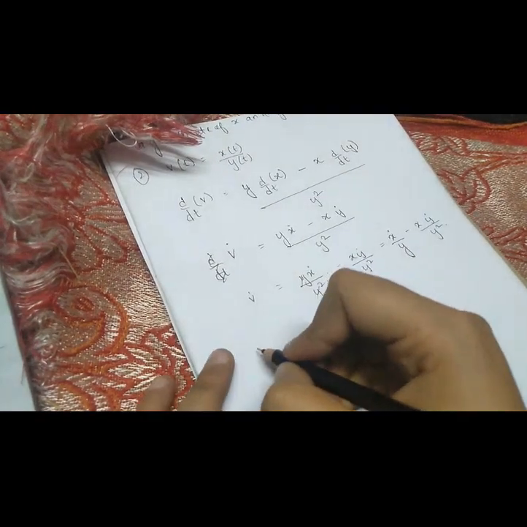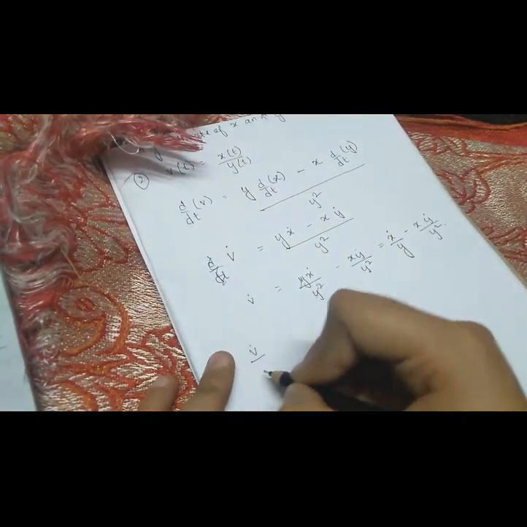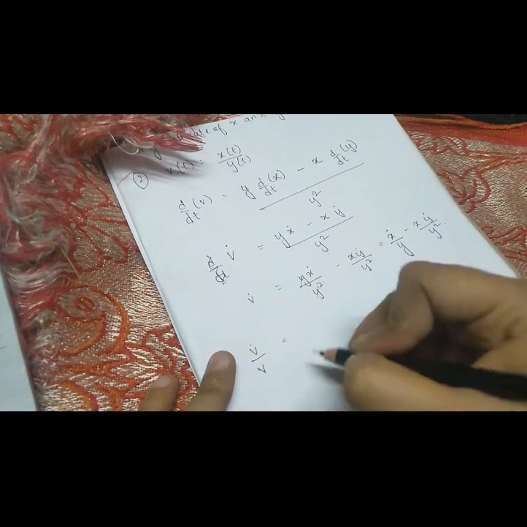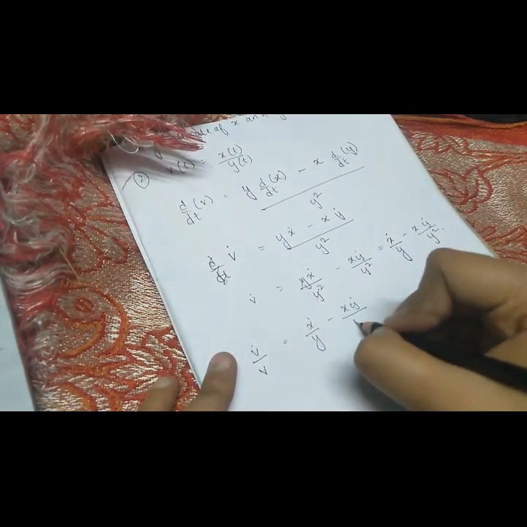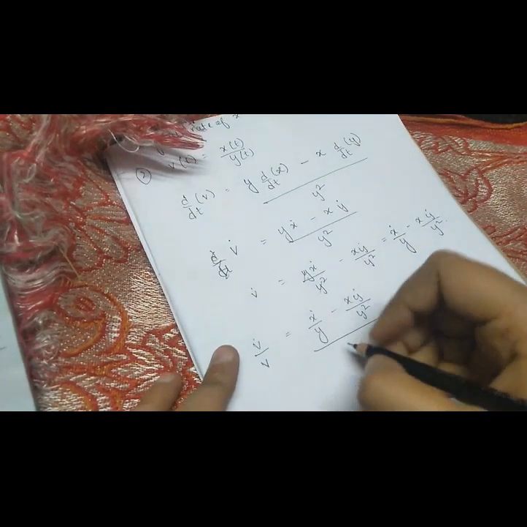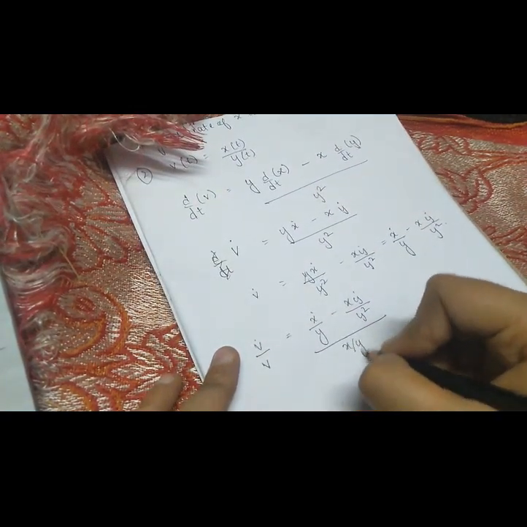Now we have to divide V dot with V. That will be equal to x dot by y minus x y dot by y square, divided by x by y.